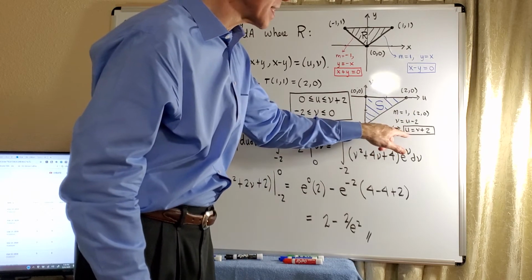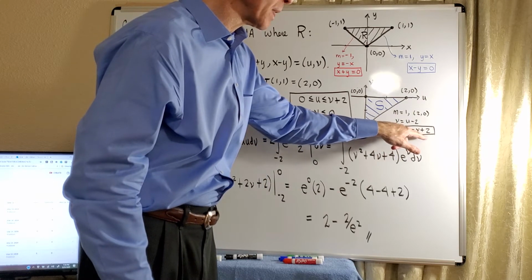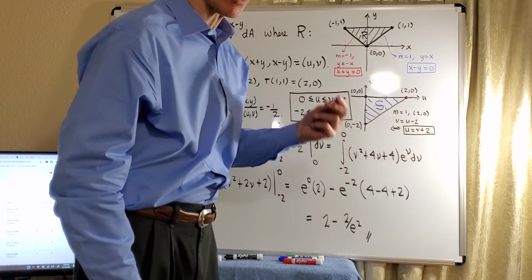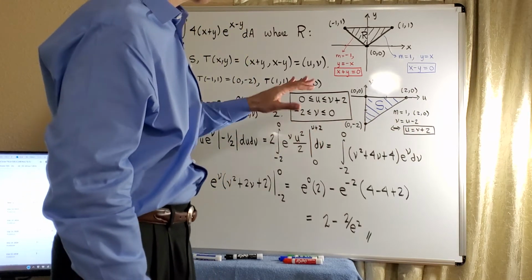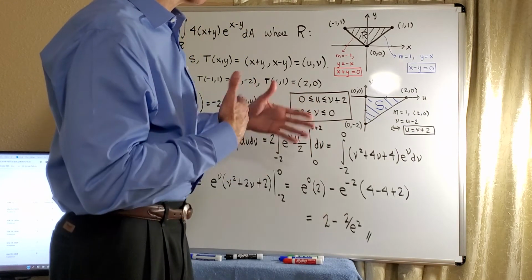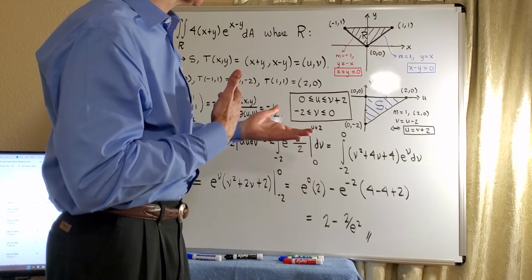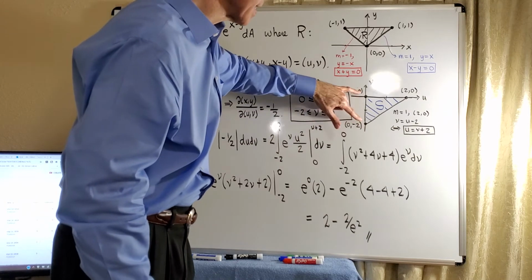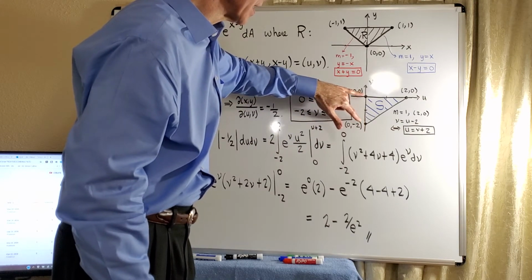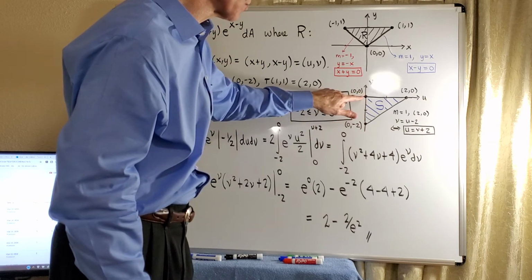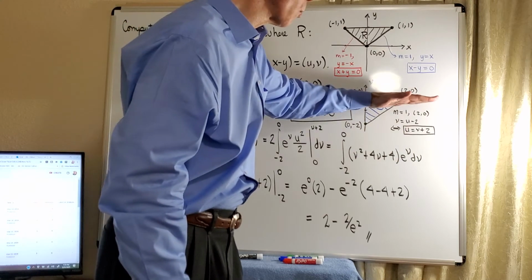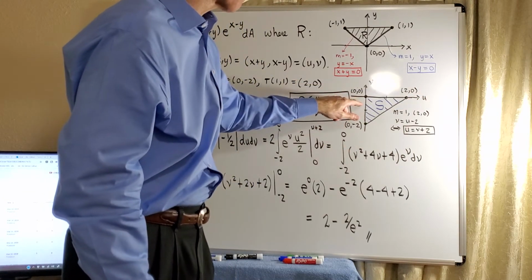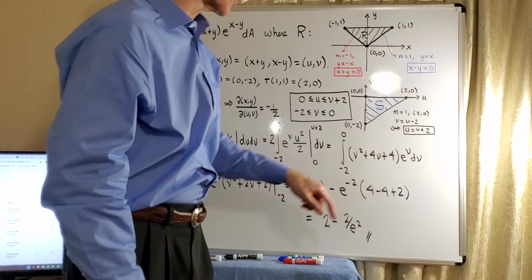So now what we see is that u is equal to v plus 2, and that's going to help us with our limits. If we think of defining a region in terms of its algebra, we can see that the v coordinate will run from -2 to 0, and the u coordinate is going to run from 0 to v plus 2.